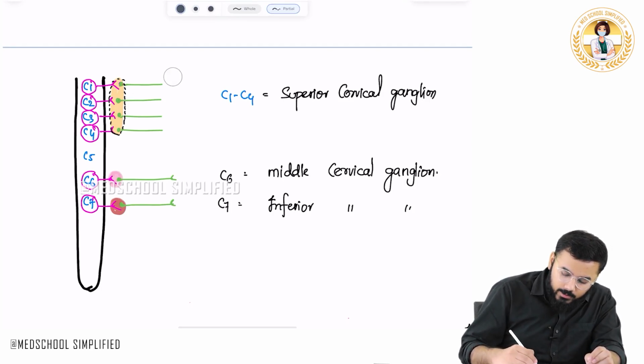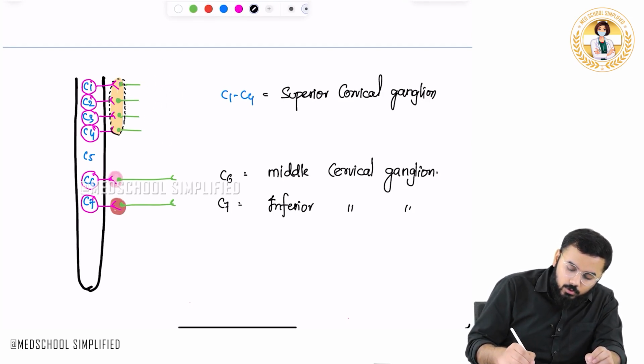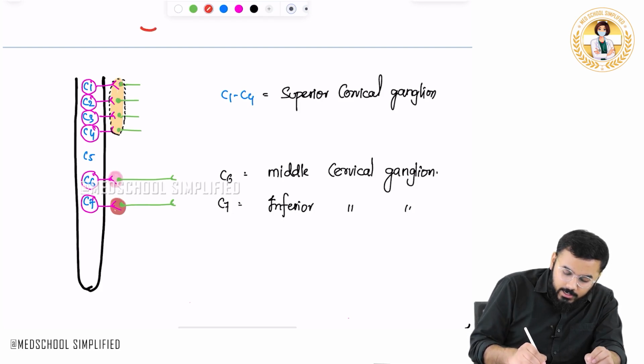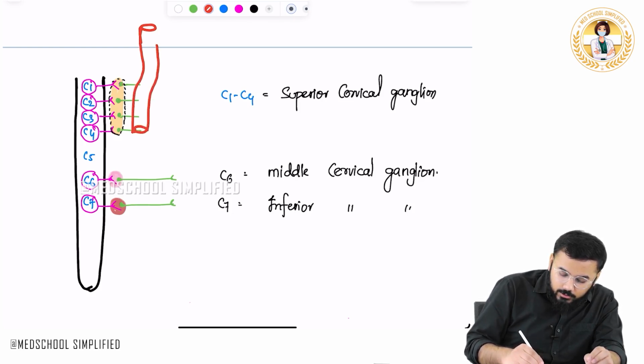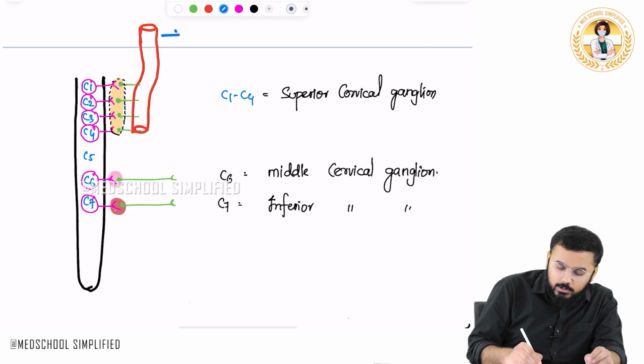For example, let me rub away these things. All of you know that here you have an artery. This artery which I am drawing right now is your internal carotid artery.